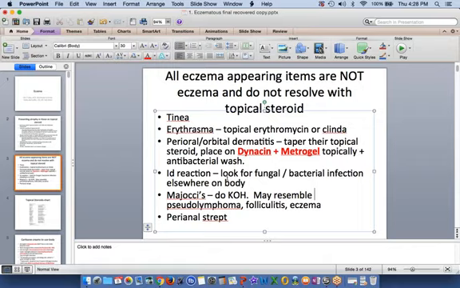Now, there's a few types of eczema. Okay, I tend to call eczema anything which is inflammatory in nature, causes either erythema, papules, or vesicles.